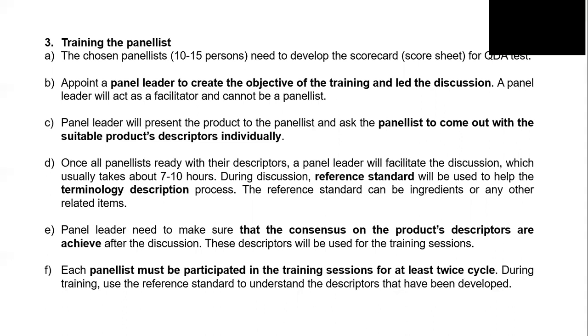If the panelists cannot give commitment, they are not suggested to be trained panelists, because the QDA session will take a long period of time to be completed, right? So maybe out of 100, we find around 10 to 15 people that are capable.